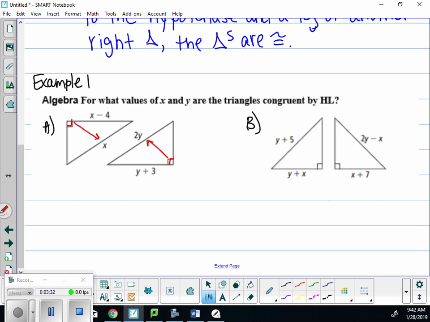So the hypotenuse of the triangle on the left is x, and the hypotenuse of the triangle on the right is 2y. So if these are going to be congruent by HL, the hypotenuses have to be congruent to each other. Which tells me that x has to equal 2y. And then the legs have to be congruent, so I'd have x minus 4 equals y plus 3.